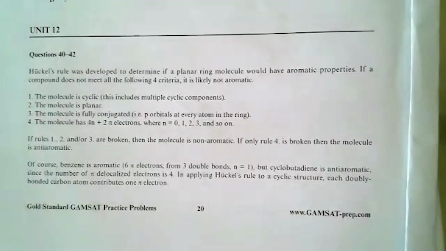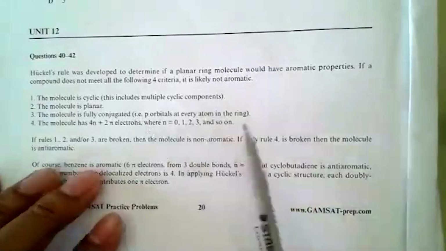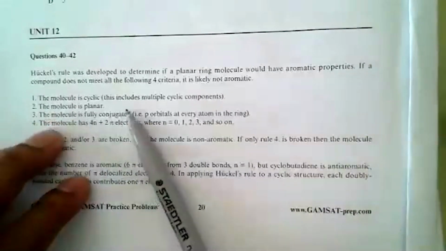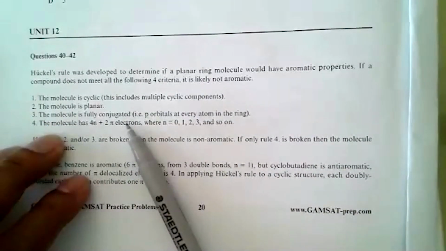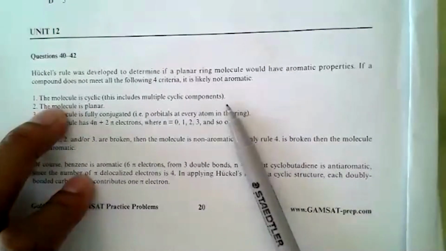So that's basically what's going on. Here we have Huckel's rule, and you're given the 4 basic components of Huckel's rule. And the molecule is cyclic.